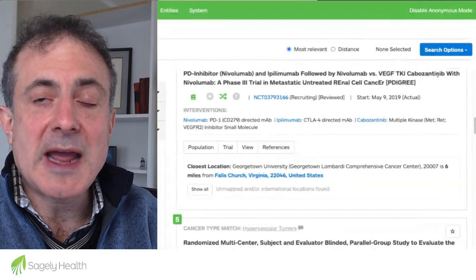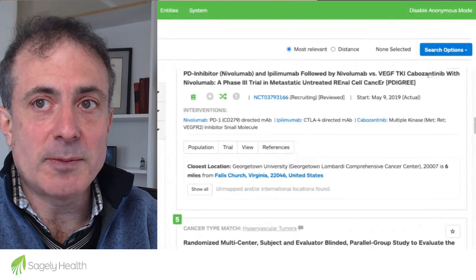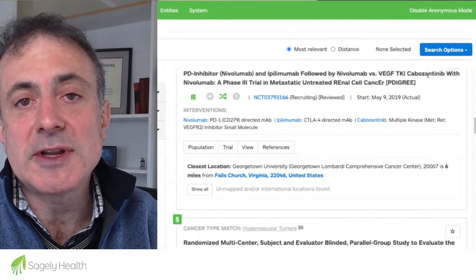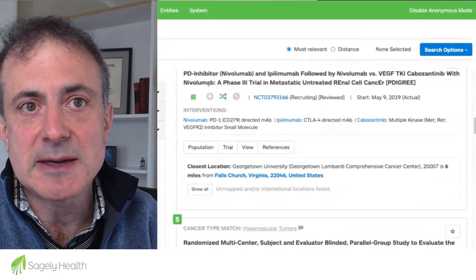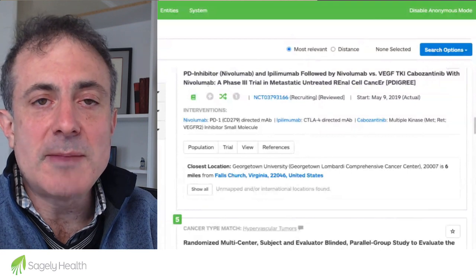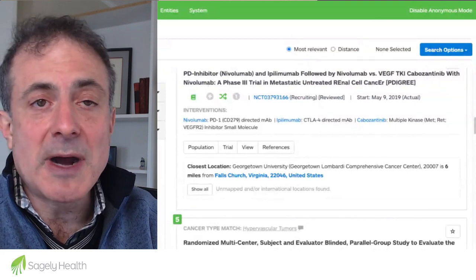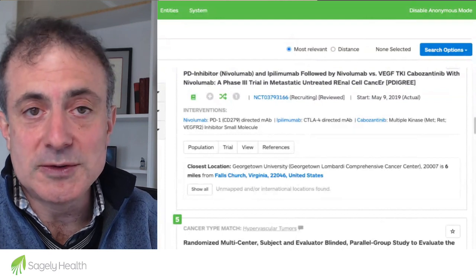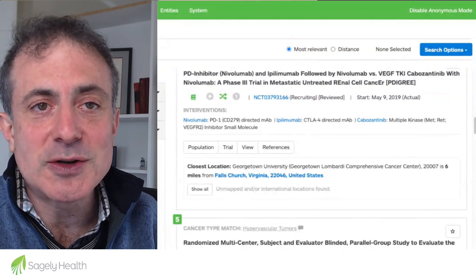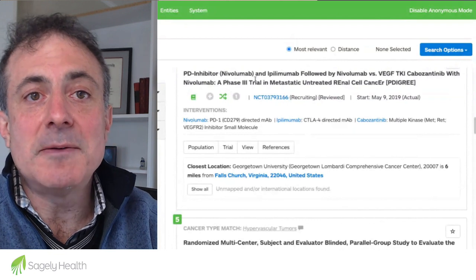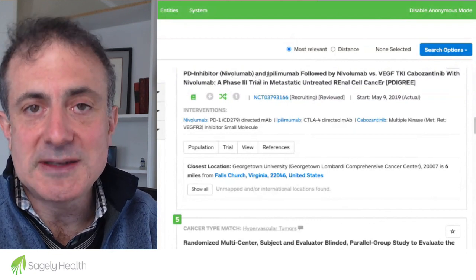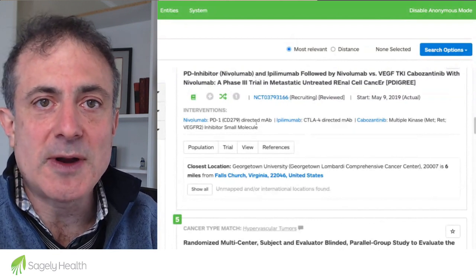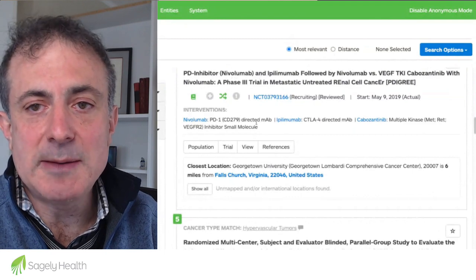Cabozantinib is actually a TKI, a tyrosine kinase inhibitor, and nivolumab is immunotherapy. Combining those together already works quite well. We'll dig into how well they actually work in a second. But what this trial is testing is whether ipi-nivo works any better.